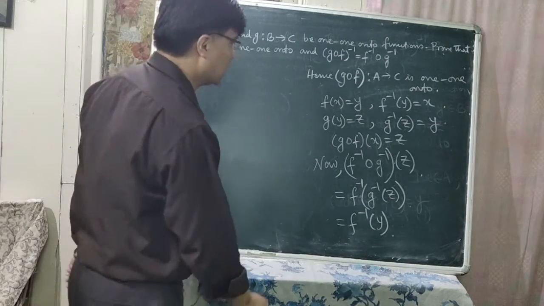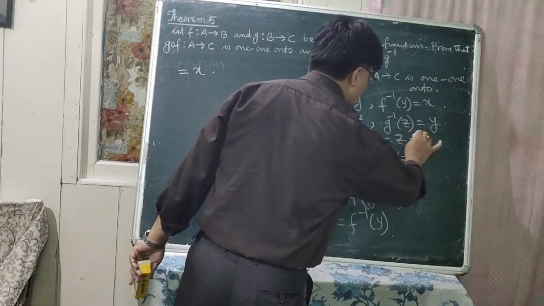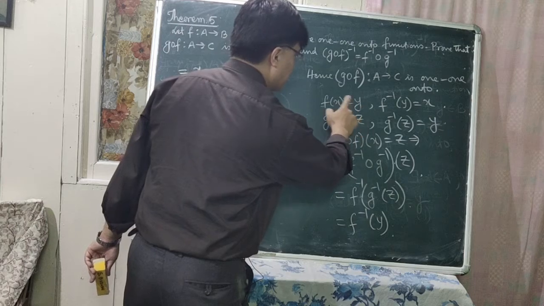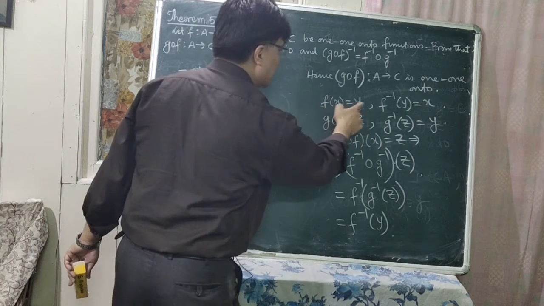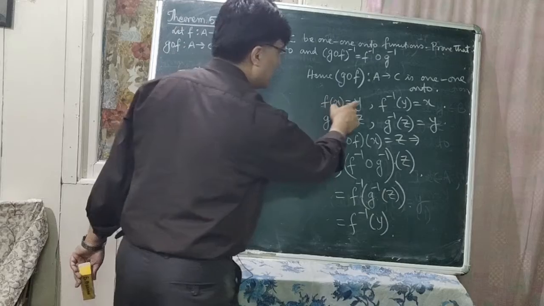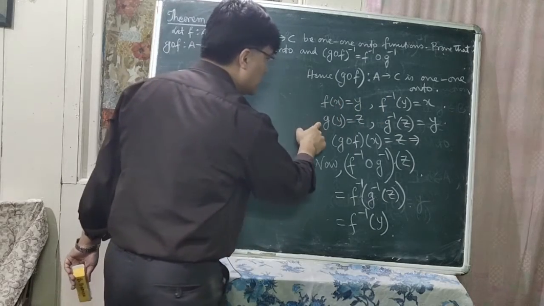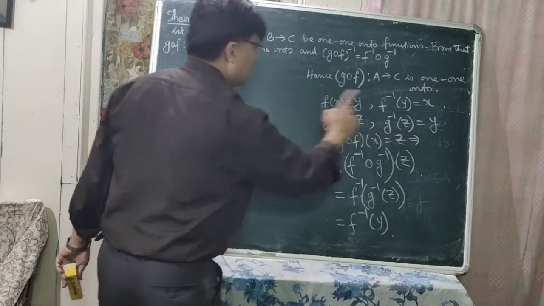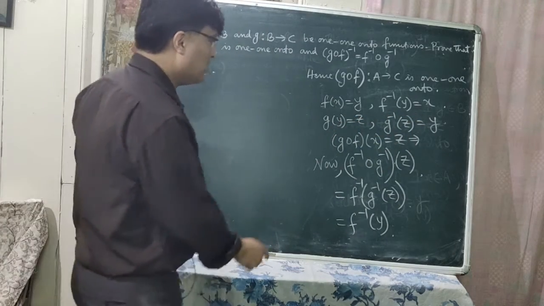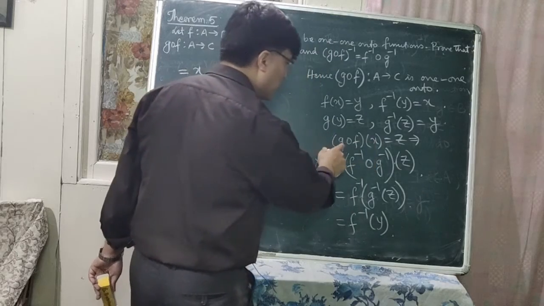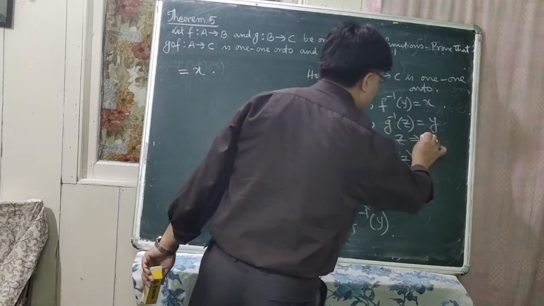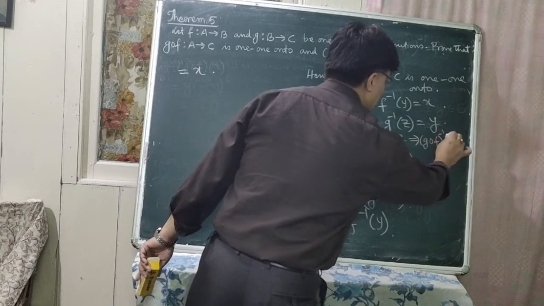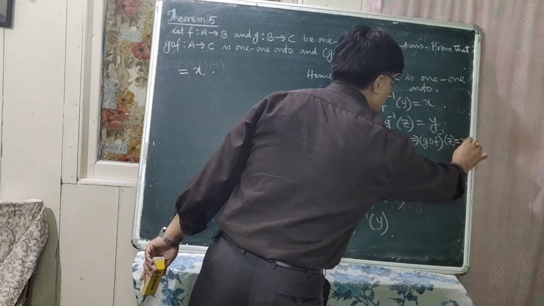So now in this case, what do we understand from here? If f of x is equal to y, then x is equal to what? Taking f to the other side, x is f inverse y. Similarly g of y is equal to z, that means y is equal to, taking g to the other side, g inverse z. Similarly here also, taking gof to the other side, what does it become? (gof) inverse z is equal to x, isn't it?